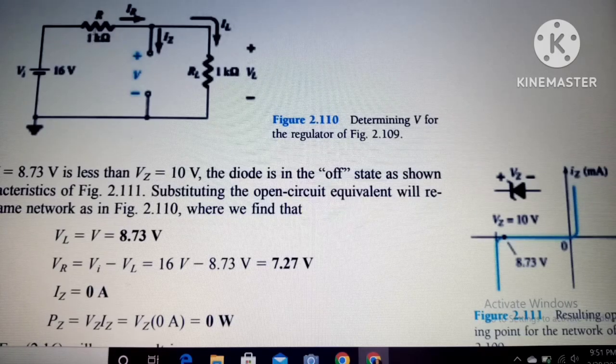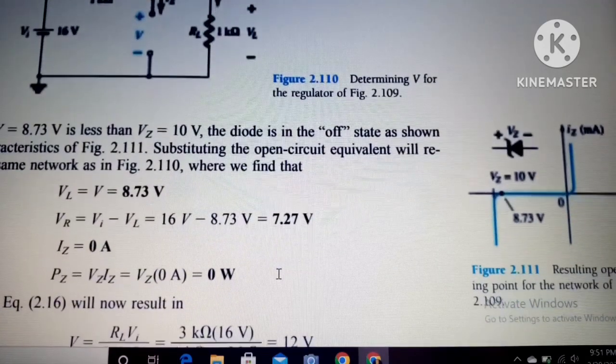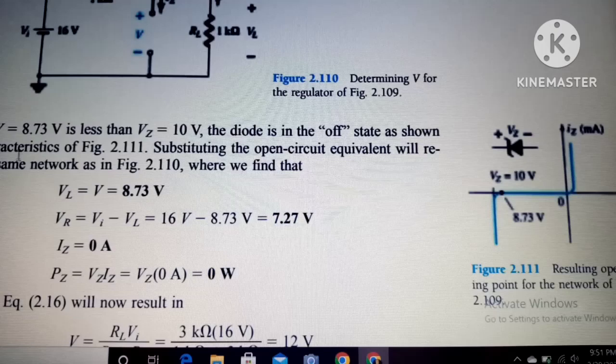We can find it easily by Vi minus VL, which is 16 minus 8.73 volts, which becomes 7.27 volts. As we know that the voltage 8.73 is less than Zener voltage, which is 10 volt, the Zener is off. Now for Zener current, the current will be 0 as the Zener is off.